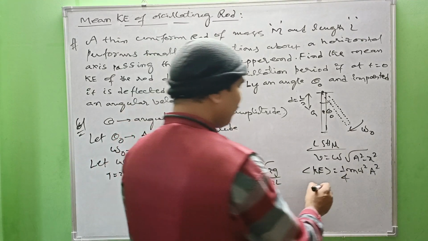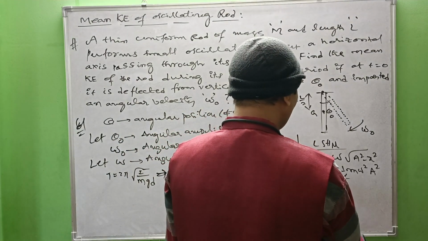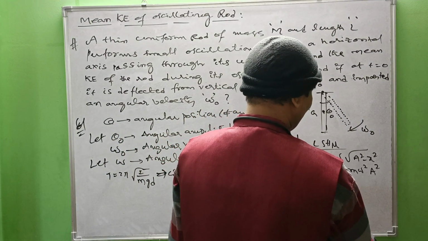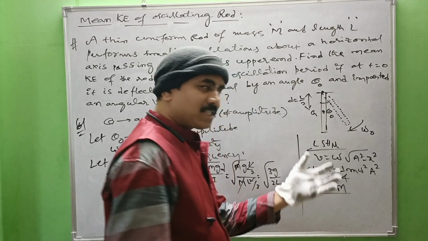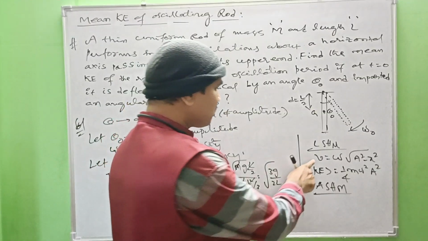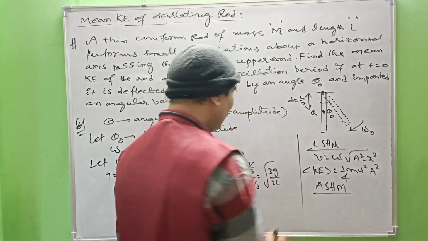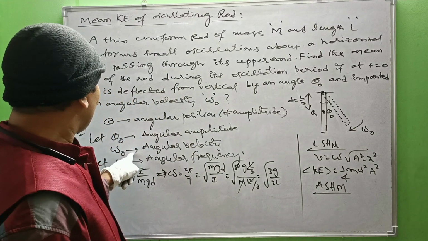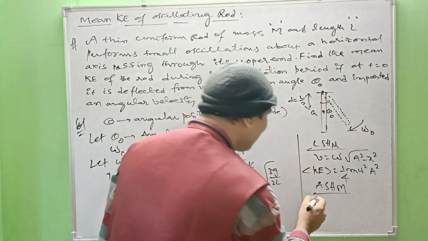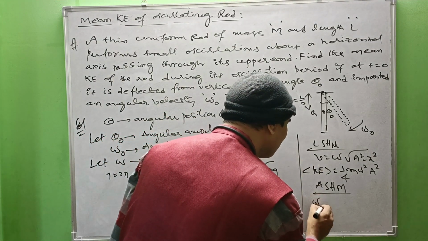In the same way, in case of angular SHM, the expressions can be modified as follows. Instead of linear velocity, you have to consider angular velocity. What is angular velocity here? Omega naught. So v is replaced by omega naught.